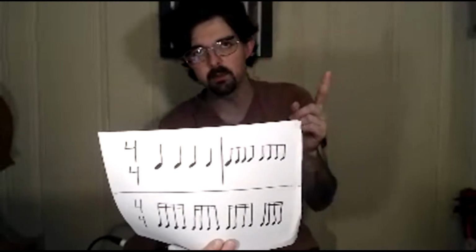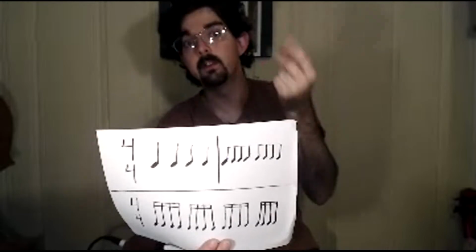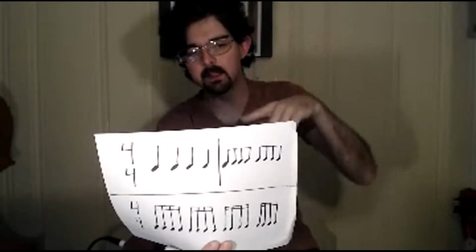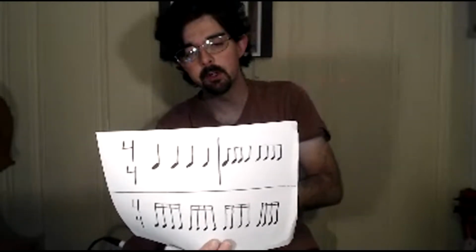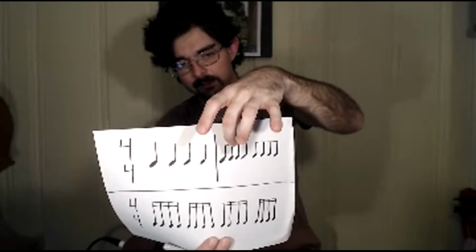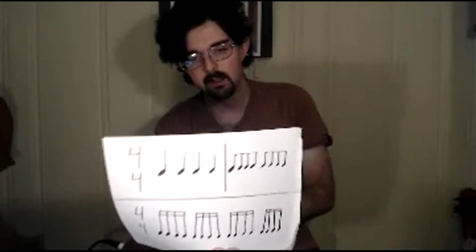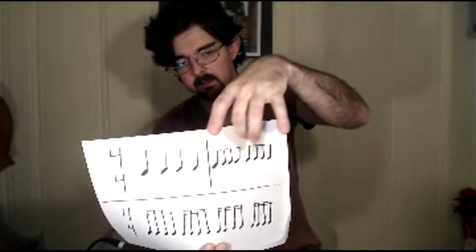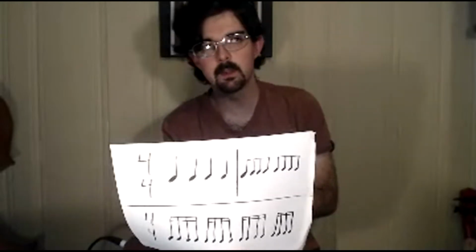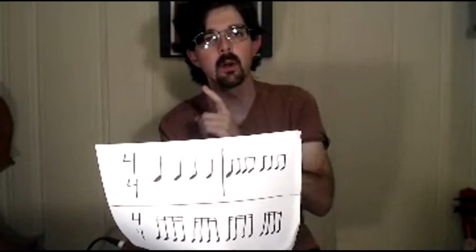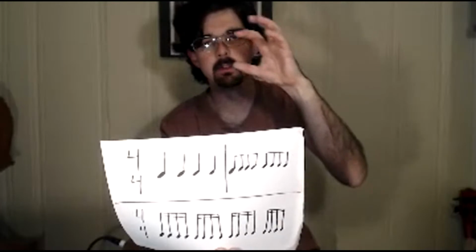There's a note in between them. So if that's the case, we can call them ands, these ones that are in between. We can count those. We can keep track of those by adding a word in the very middle of the time between 1 and 2.